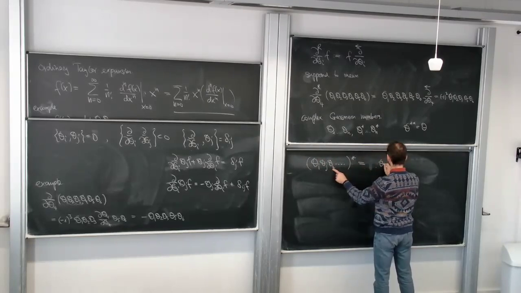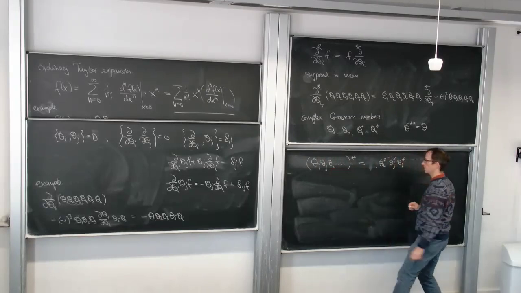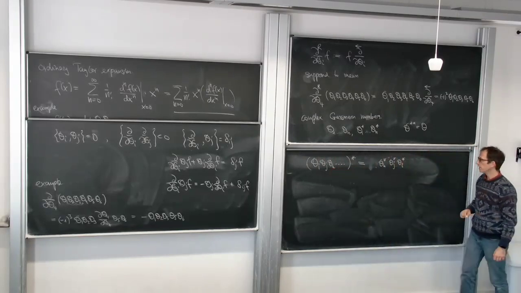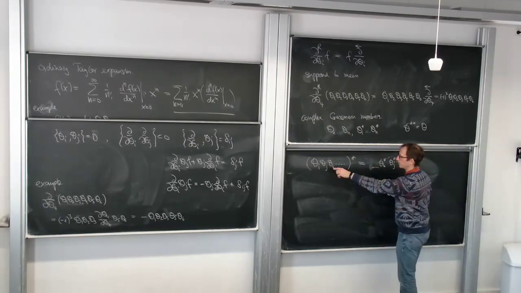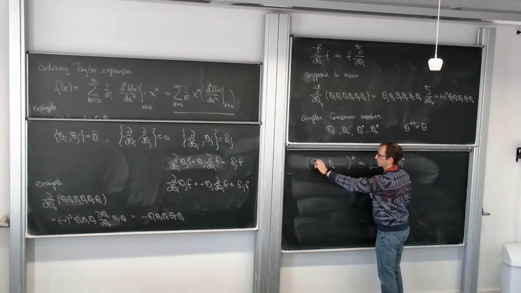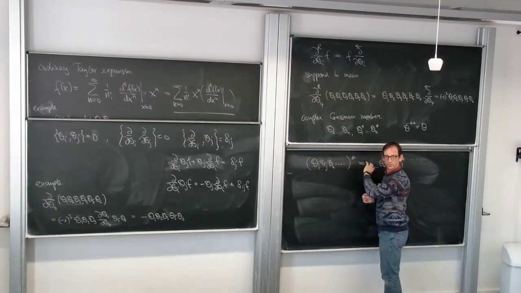Then θ_k* comes first, θ_j*, θ_i*, the other way around. Which doesn't differ much from the expression where you keep the order; it could only be a minus sign. Maybe it's not even that.